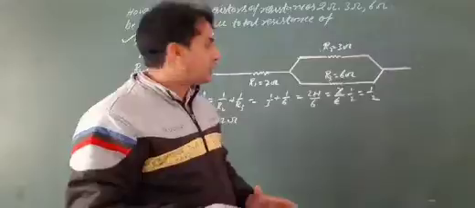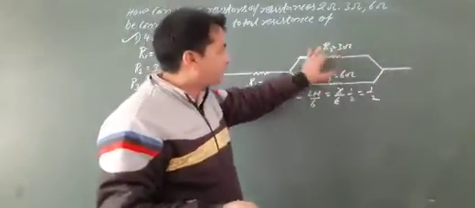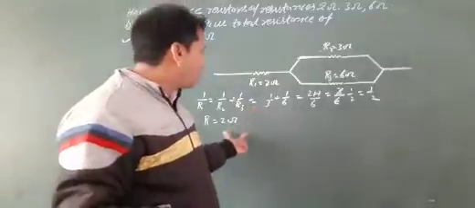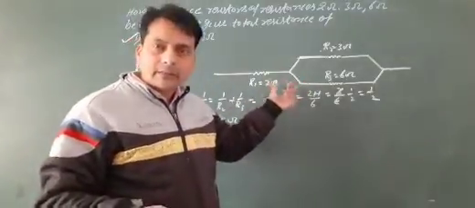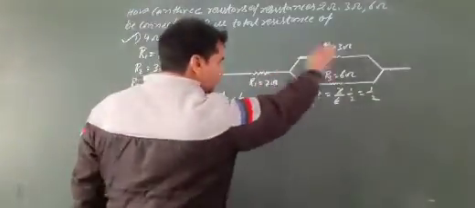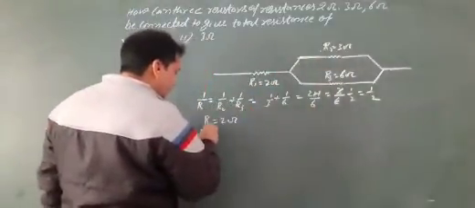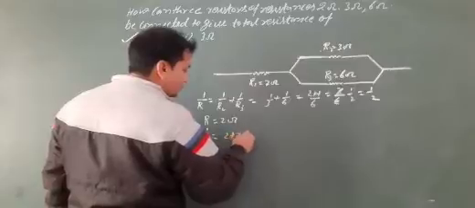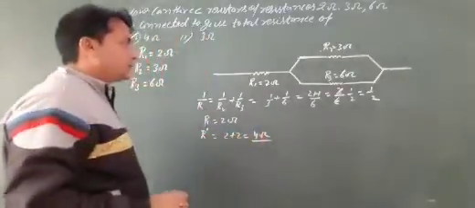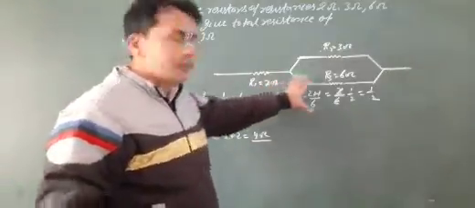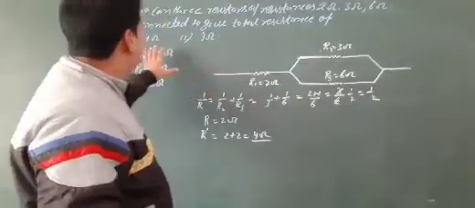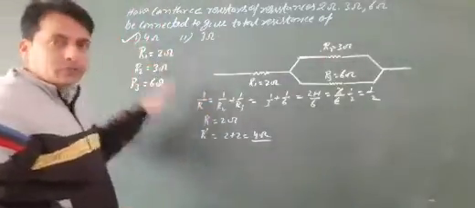The equivalent resistance of the 3 and 6 ohm is 2 ohm. Now the 2 ohm and 2 ohm are connected in series, so the total resistance R dash equals 2 plus 2, that is 4 ohm. This circuit diagram satisfies the total resistance of 4 ohm.